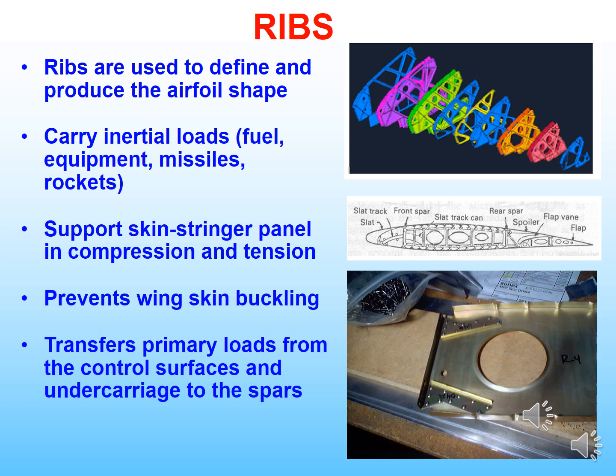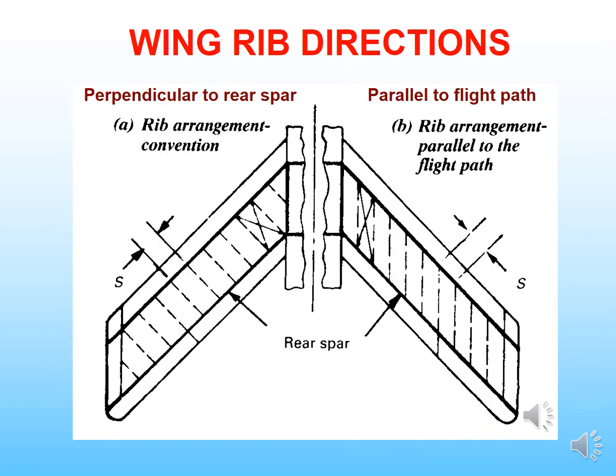Then comes the stringer panel. In case of compression and tension loads, the support is generated mostly by the ribs. The ribs prevent skin buckling and transfer the primary load from control surfaces and undercarriage to the spars.